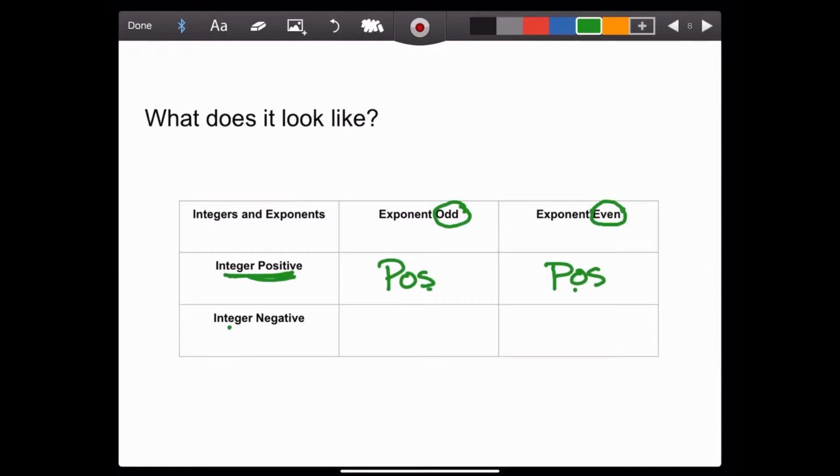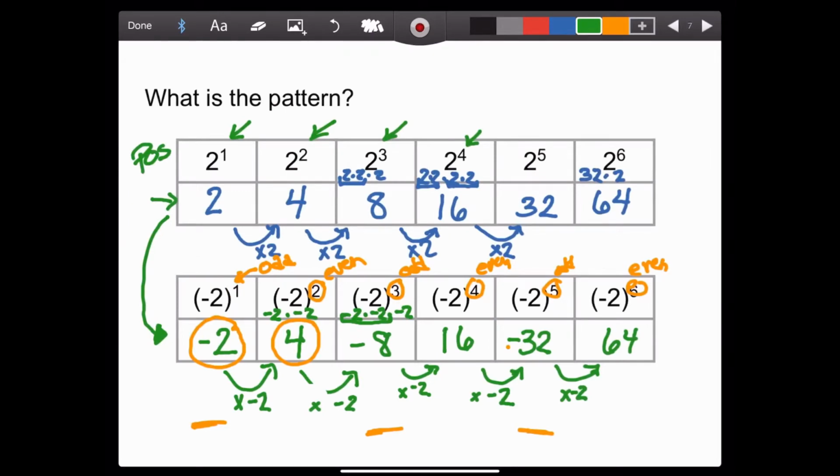But when your integer is negative and it's odd, let's look at this slide again. So here's odd, your answer is going to be negative.